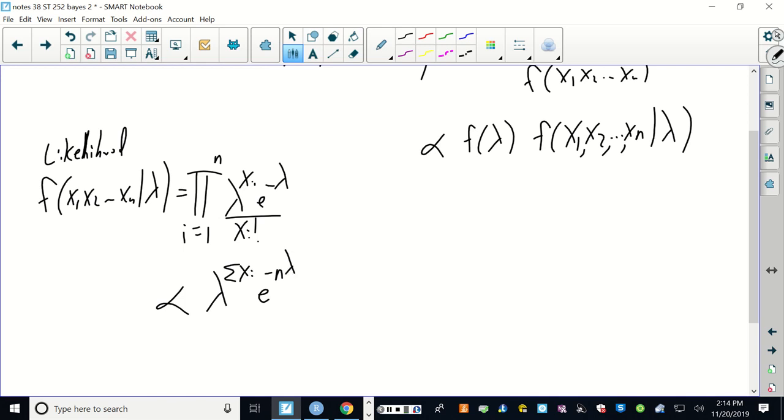That's in there. So the lambda parts that are relevant here, well, there's lambda to the alpha minus 1, e to the negative beta lambda in the prior, and now the likelihood contributes lambda to the sum of the xi's, e to the negative n lambda. And we can combine those pieces.